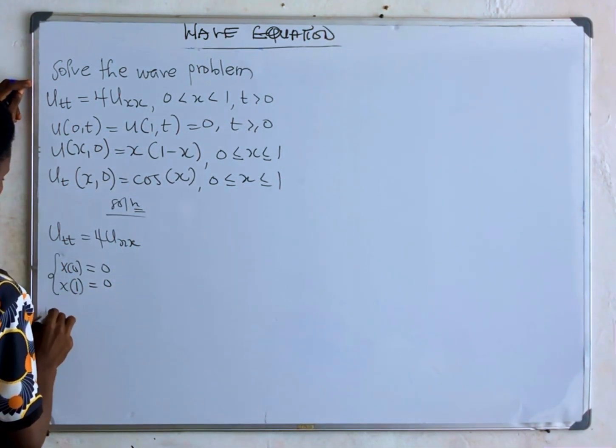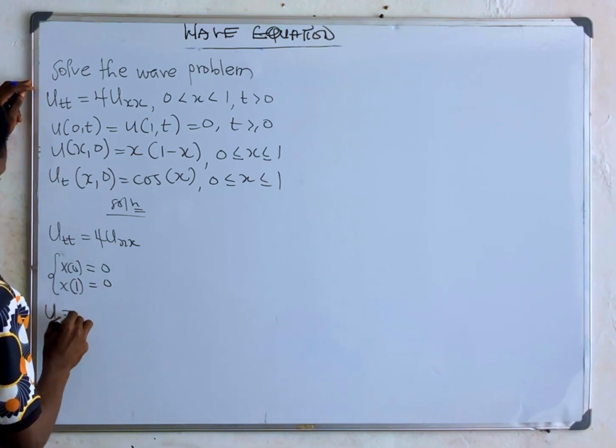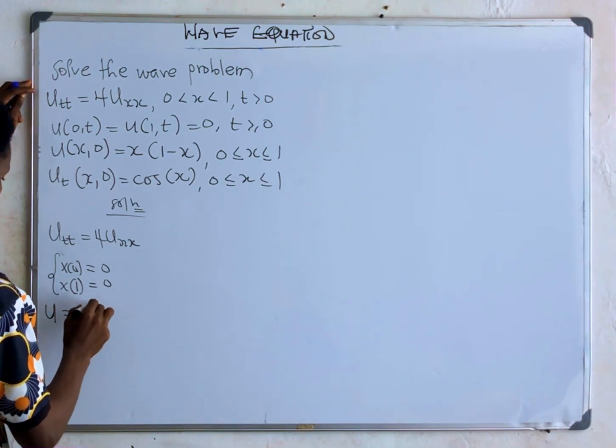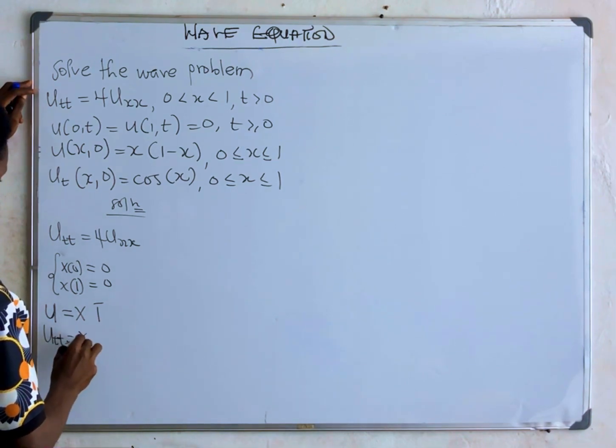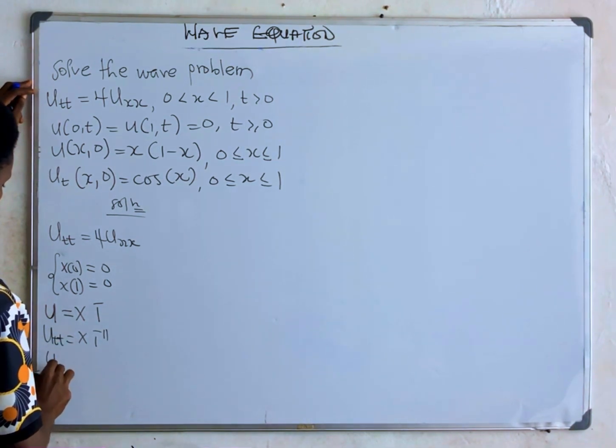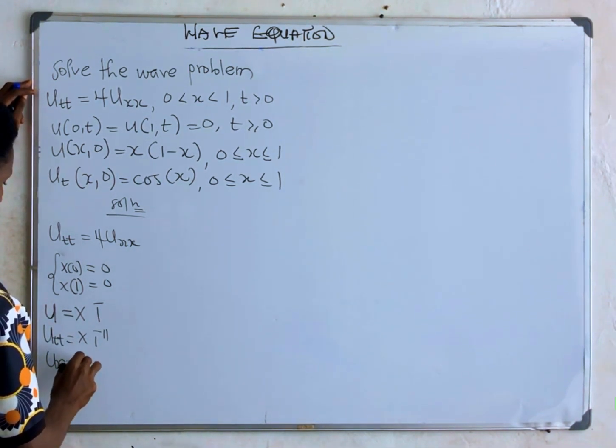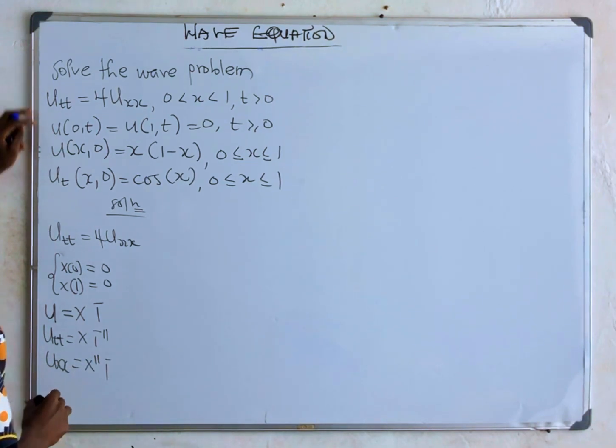Let's differentiate. Let's take u to be X(x)T(t). So I'm going to have u_tt to be X T double prime, then u_xx to be X double prime T. Let's substitute.